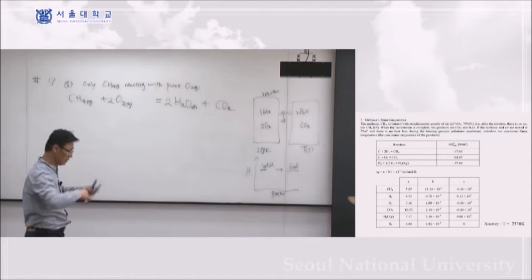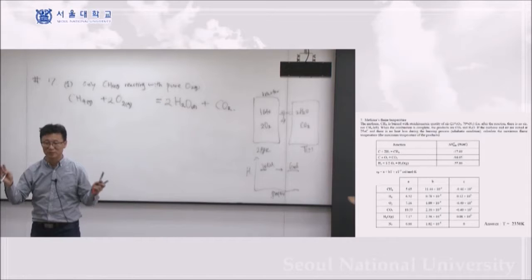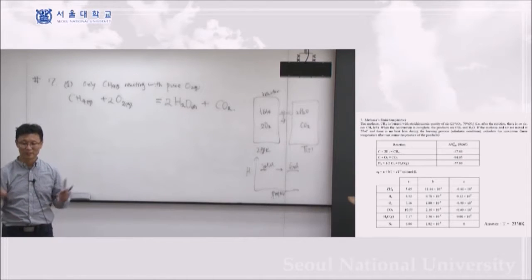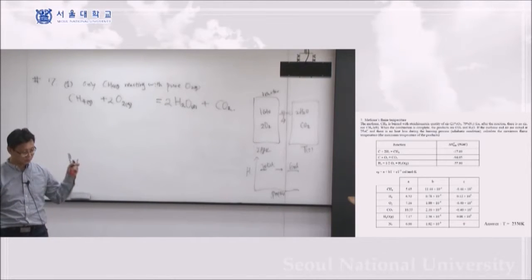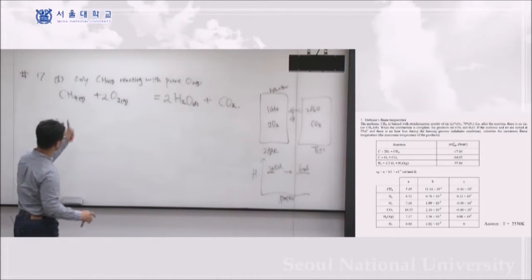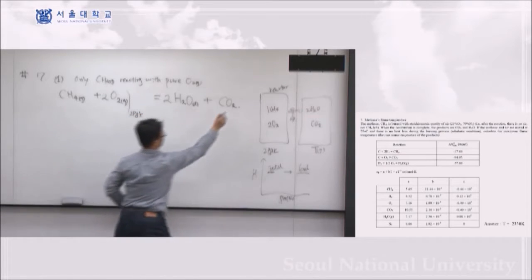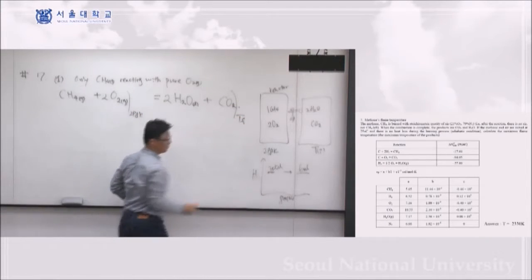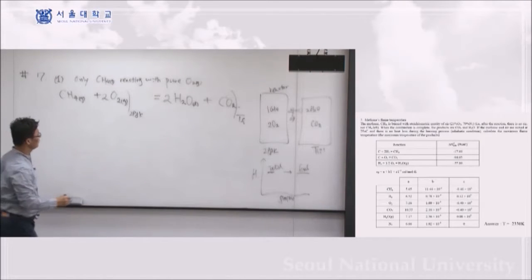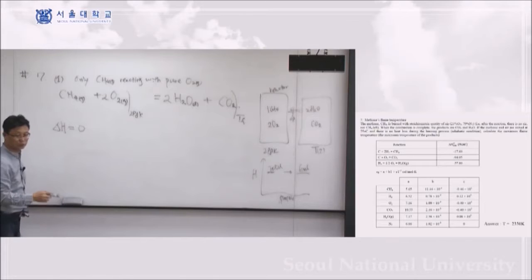Whenever a reaction happens and the temperature is changing simultaneously, you cannot solve it in one shot. You have to do it step by step, in two steps. So at 25 degrees Celsius, 298 Kelvin, all this, and then this is all at T final. That's what we want to do, assuming that delta H of this chemical reaction equals 0.